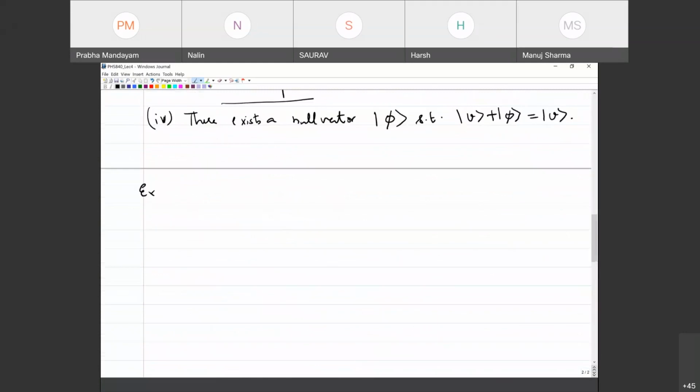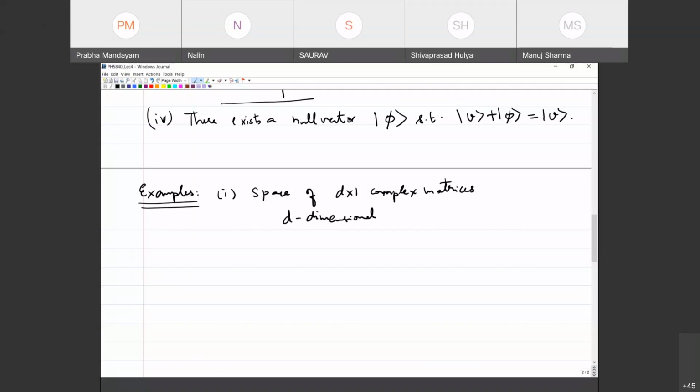So what are some examples of linear vector spaces? The first and the most useful example for us is the space of D cross 1 complex matrices. Another way of saying this is the space of D-dimensional complex vectors, right?